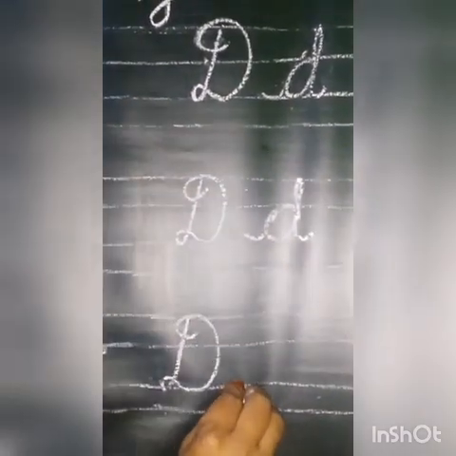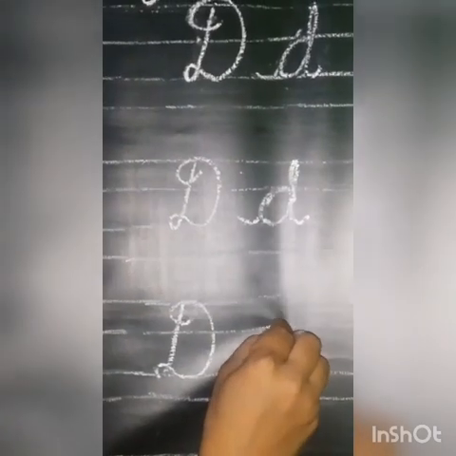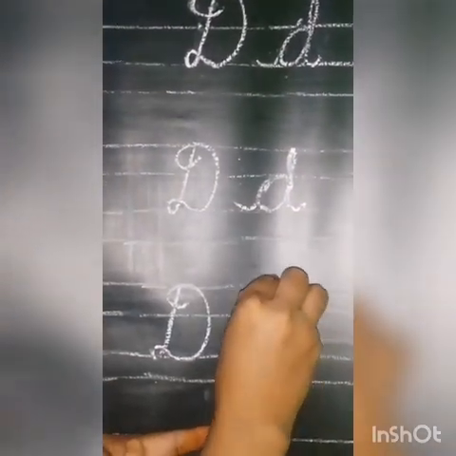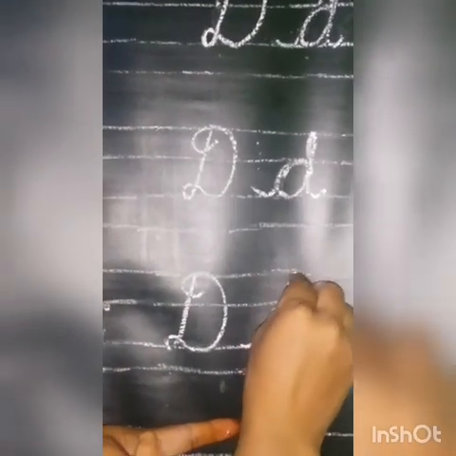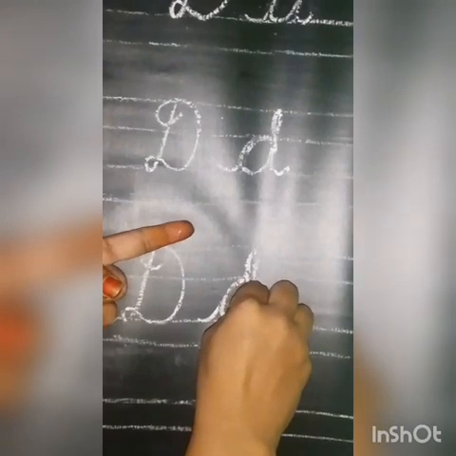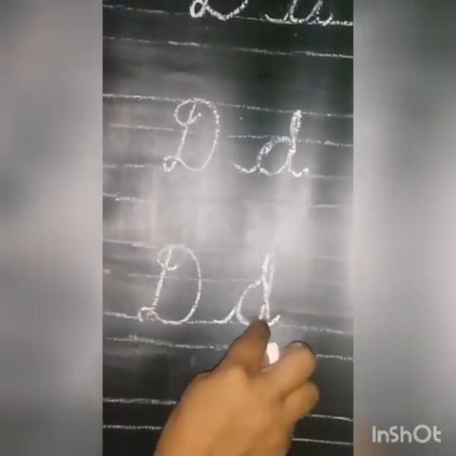You make a small curve from the third line to the second line and make a letter A and going to the first line, a standing line from the first line to the third line. Then we get letter D.